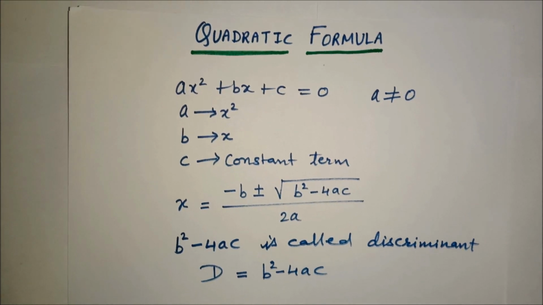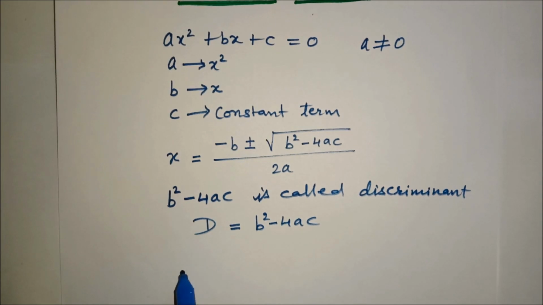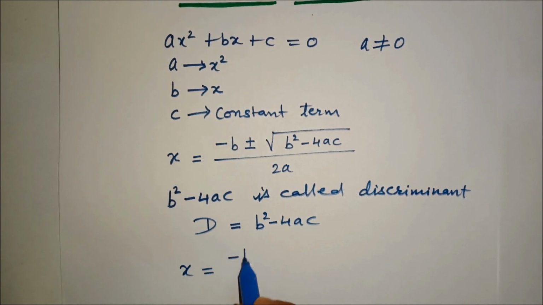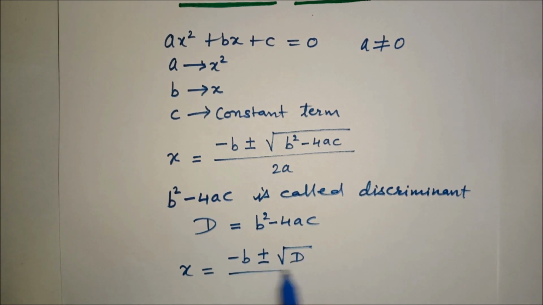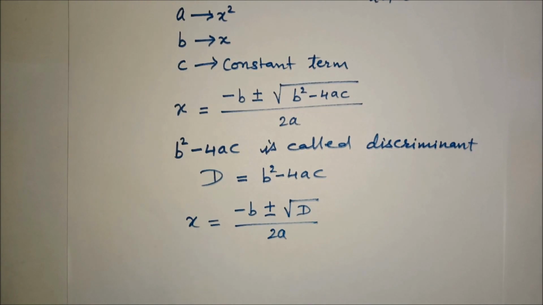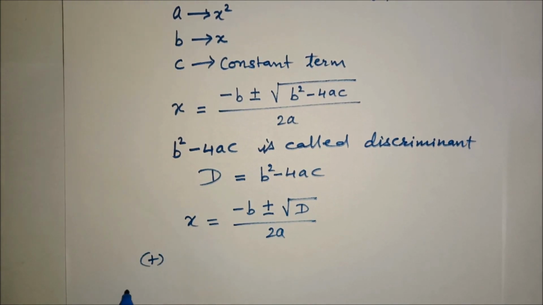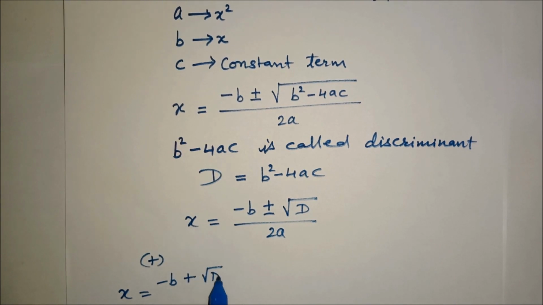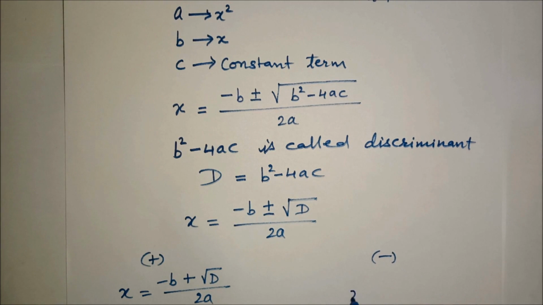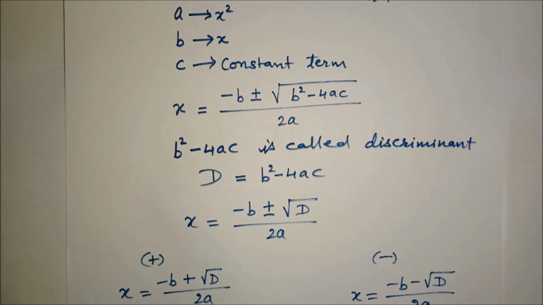So we can reduce our formula to x = (-b ± √D) / 2a. For the plus sign, x = (-b + √D) / 2a, and for the minus sign, x = (-b - √D) / 2a.